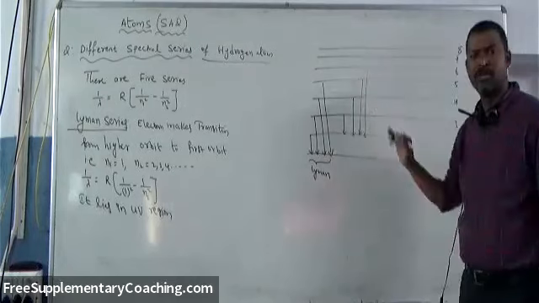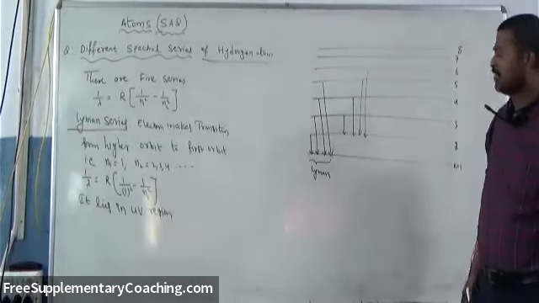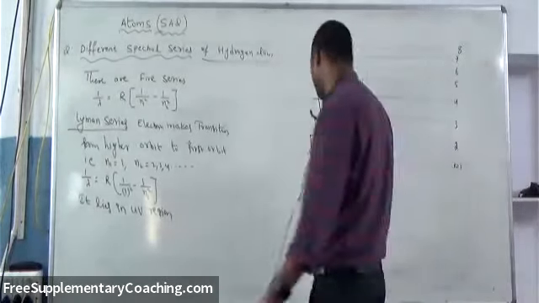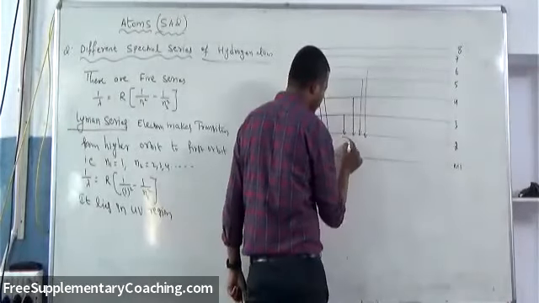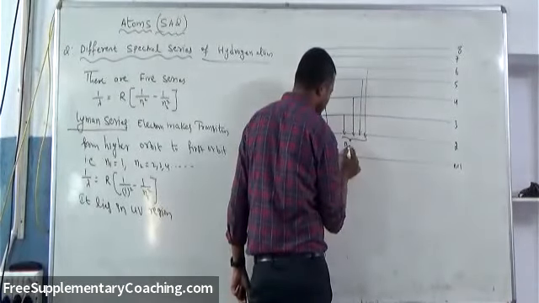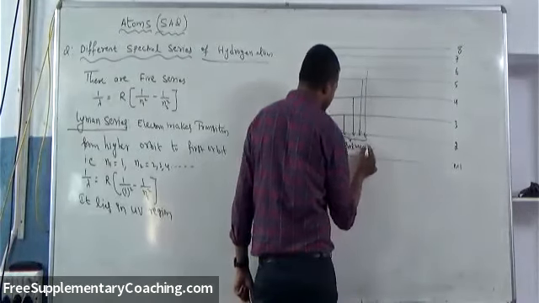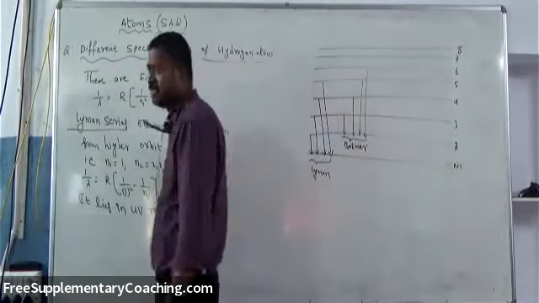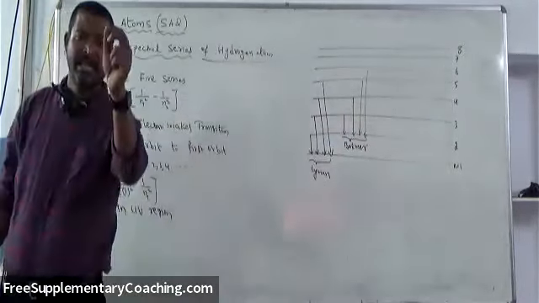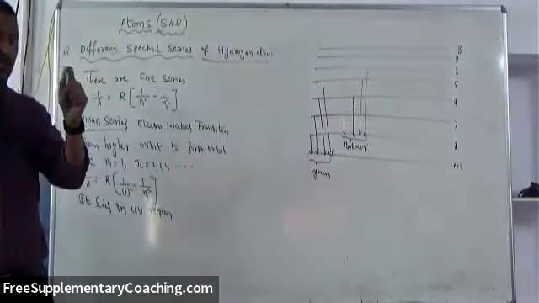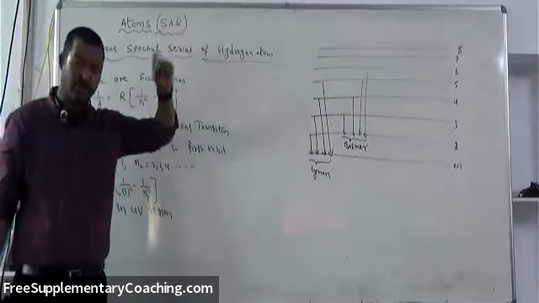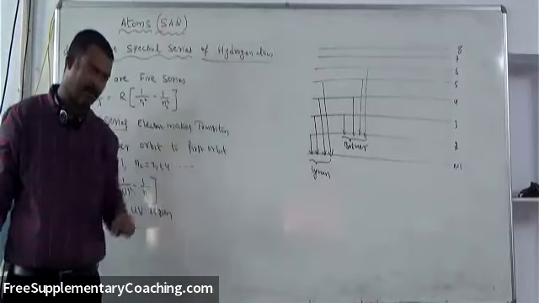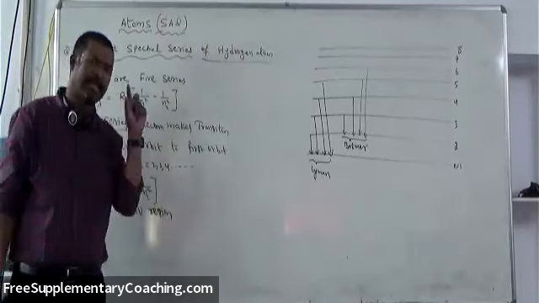Higher level to 2 it will come. In the Balmer series, the electron makes a transition from a higher orbit to the second orbit.